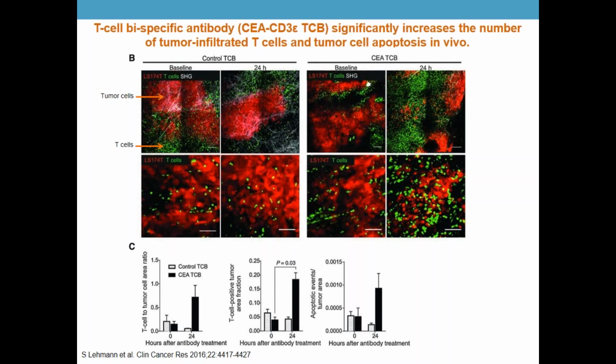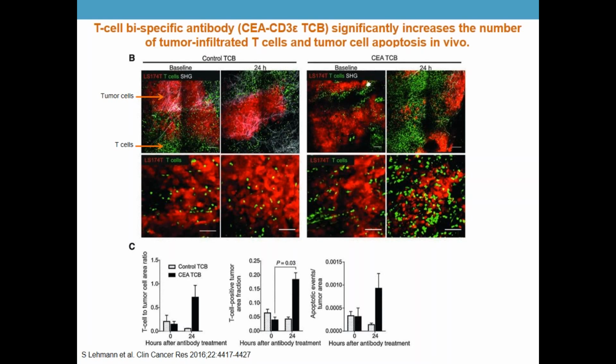So 24 hours after giving this control antibody, just moving over right below where it says control TCB 24 hours, you basically still see this isolated area of tumor cells and the T cells, and there's very little overlap. You get that impression when you look right down below at the magnified view, where it's essentially no different than baseline.